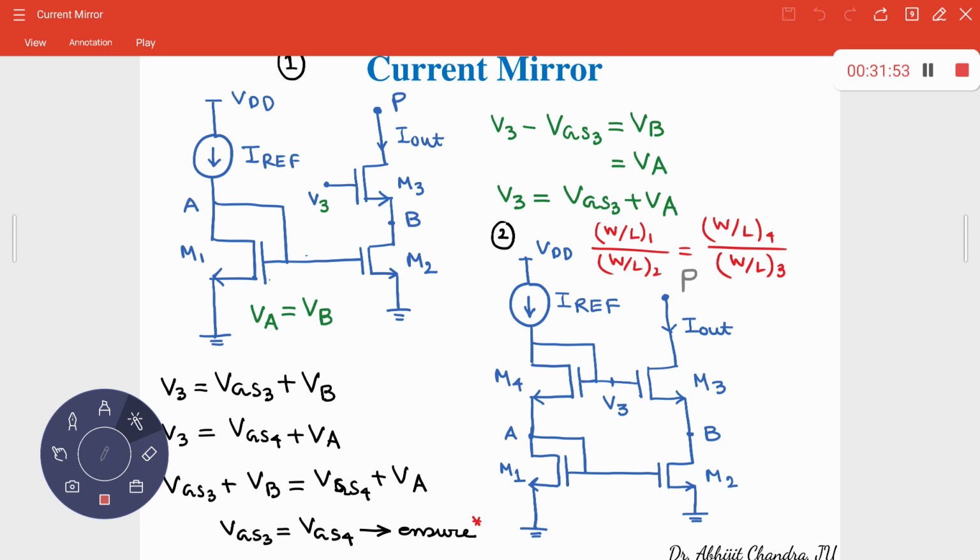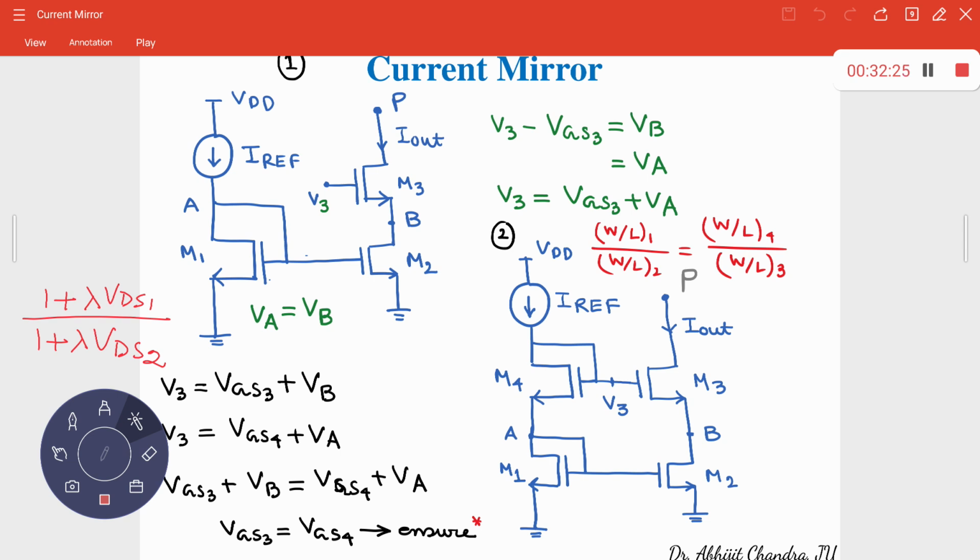What we need to ensure, if you can remember that expression, is 1 plus lambda VDS1 by 1 plus lambda VDS2, because of which this constant function was not present. So what do I need to ensure? Source 1 and source 2 are connected together. I have to ensure that drain 2 and drain 1 must be at the same potential. What is the drain 1 potential over there? That is the potential at point A.